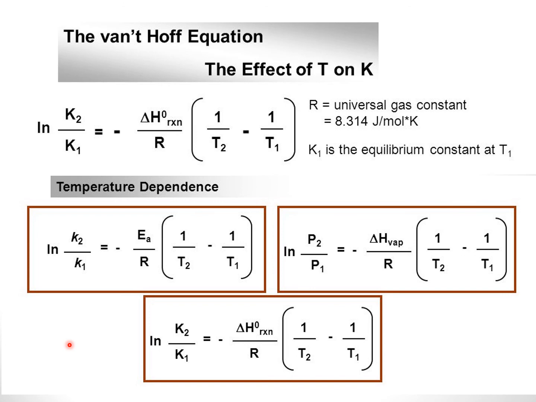If anything, I may ask you to predict, to do some reasoning: if T2 is the higher temperature, T1 is the lower temperature, and delta H is negative because the reaction is exothermic, what do you expect to be the effect on the relative ratio of K2 and K1? That would be the only question that I would ask you about that.